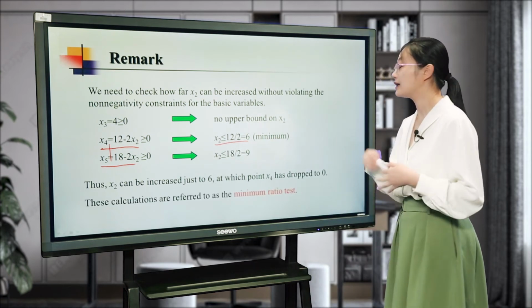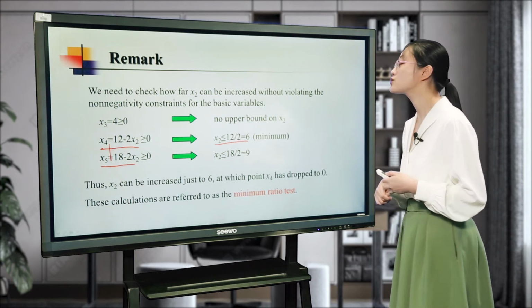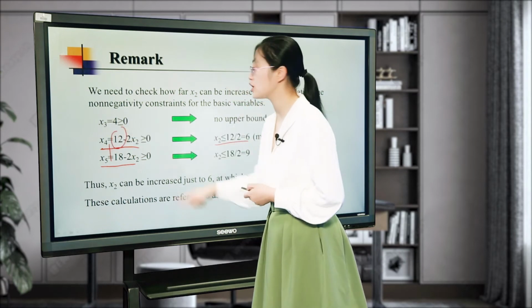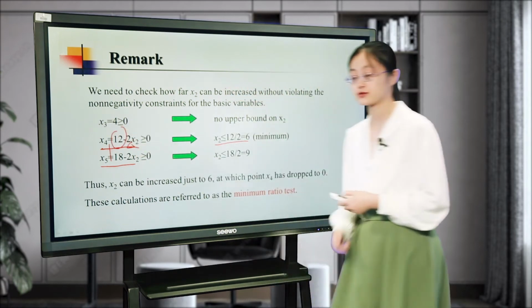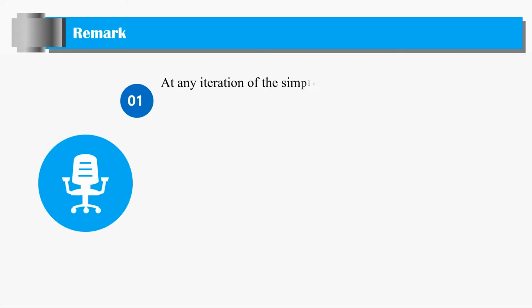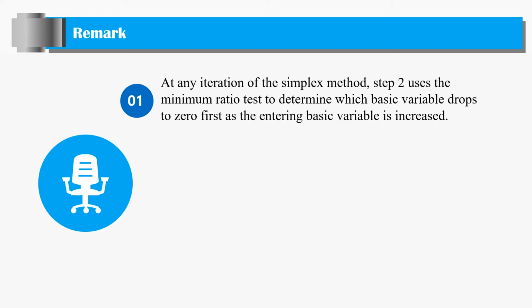So this method is what we call the minimum ratio test, as we simply compare the ratio of the constant term in the equation and the coefficient of x2 and pick the minimum one. So at this step, we use the minimum ratio test to determine which basic variable drops to 0 first as the entering basic variable is increased.